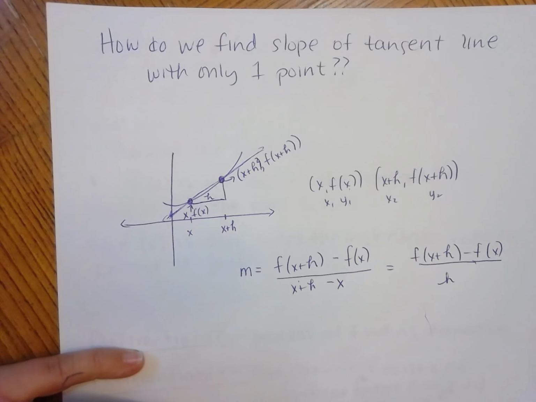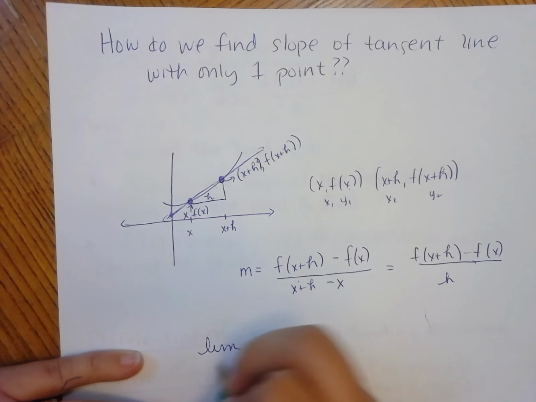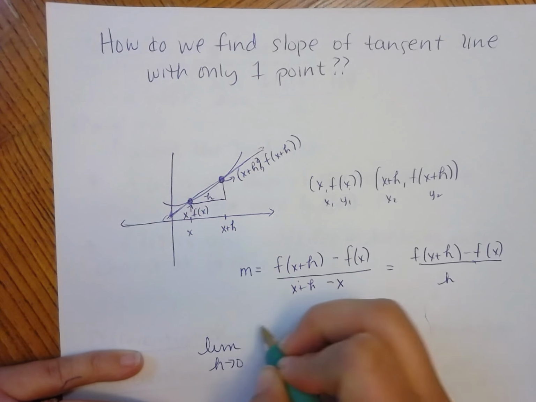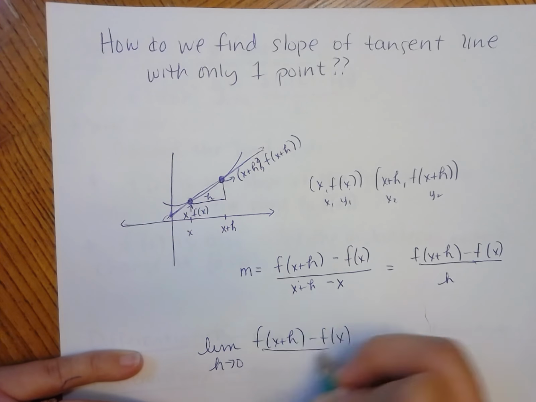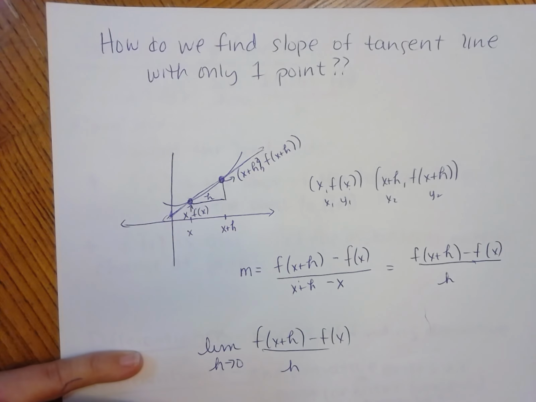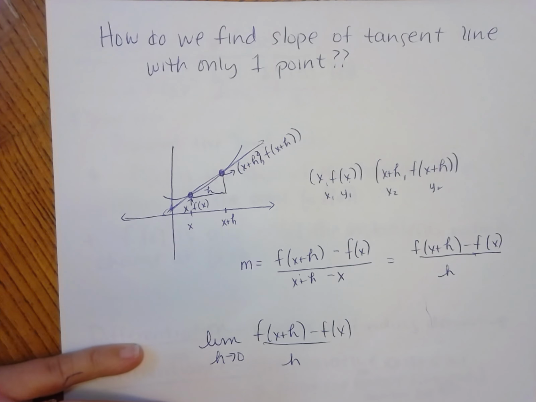Okay, so I have the limit as h approaches 0 of f of x plus h minus f of x over h. And this is how we find the slope of the tangent line, with this limit. Okay, so this is exciting stuff. This is the definition, essentially, this is what we call the derivative.